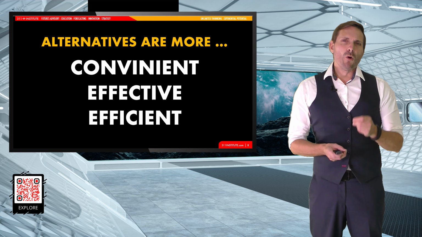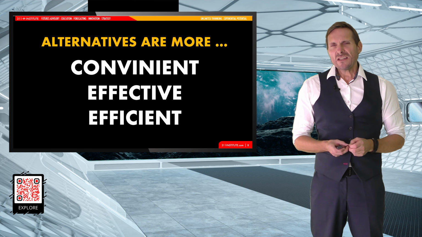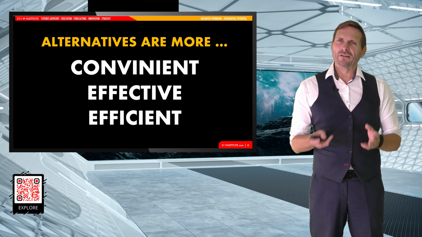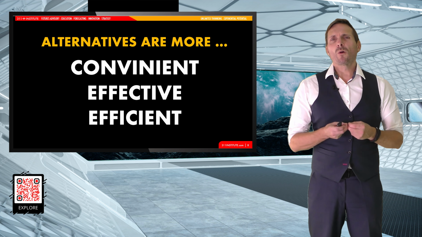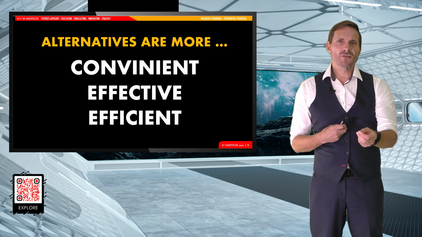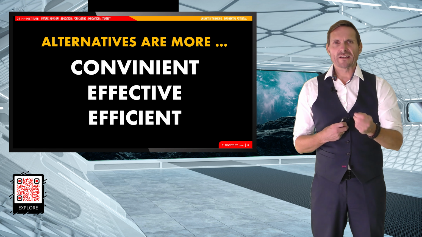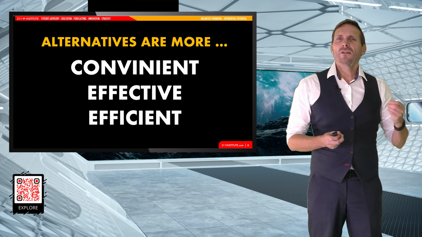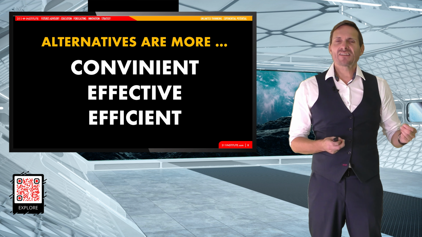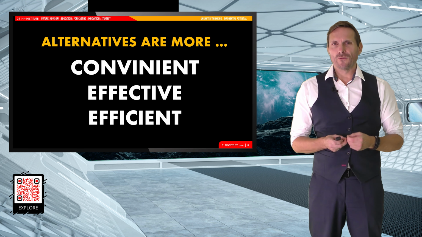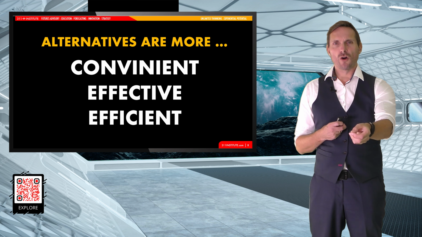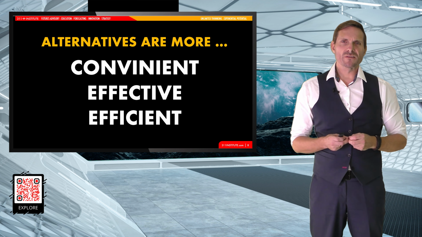It also has to be more effective. When we say effective, this is quite a generic term, but if I want to accomplish a particular task, goal or objective, then the new thing I'm using has to help me be more effective at reaching that goal. I have some examples of this.